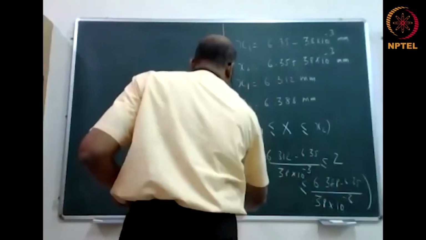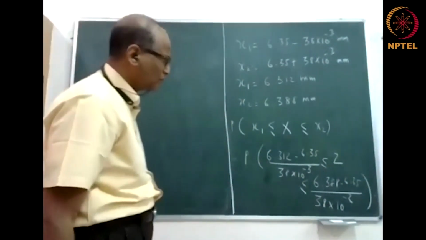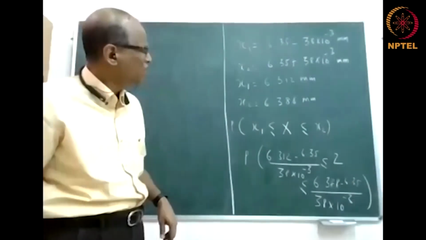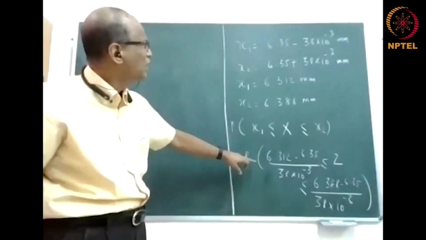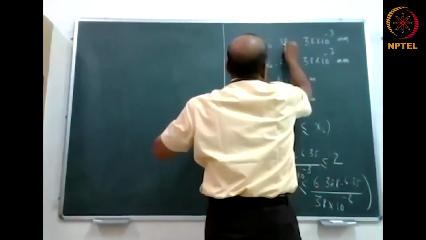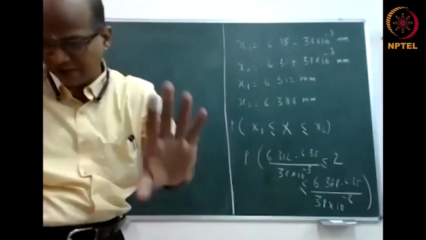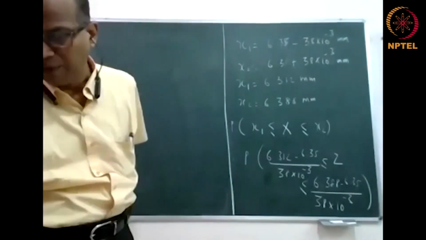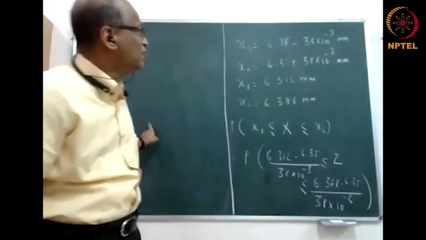Sir, 6.312 minus 6.37 by 12.7 into 10 power minus 3. What is 6.37? That is the mean, right? The mean was given as 6.37.